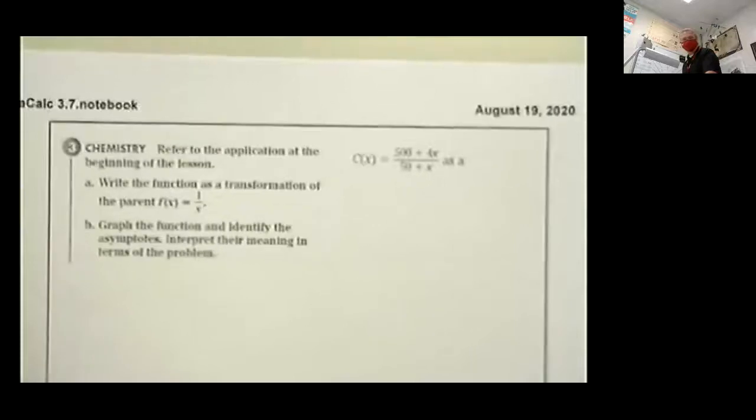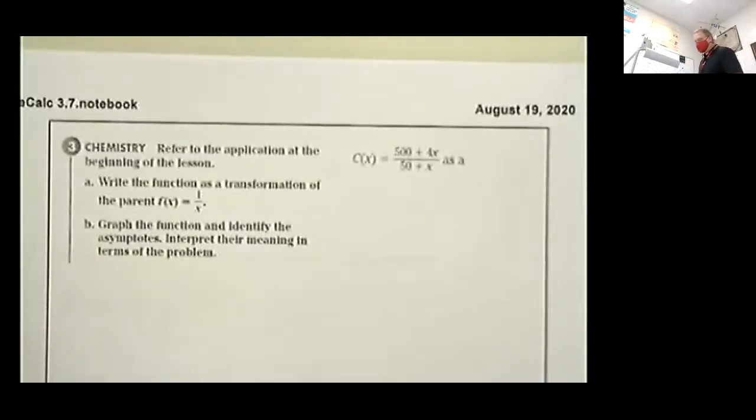How can we use these in practical applications? Let's look at this chemistry problem. Write the function as a transformation of the parent function, f of x equals 1 over x. Graph the function and identify the asymptotes, interpret their meaning in terms of the problem.